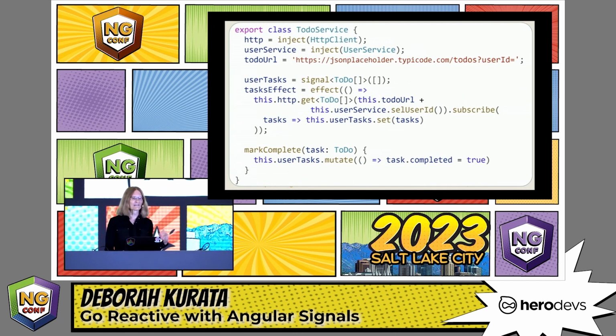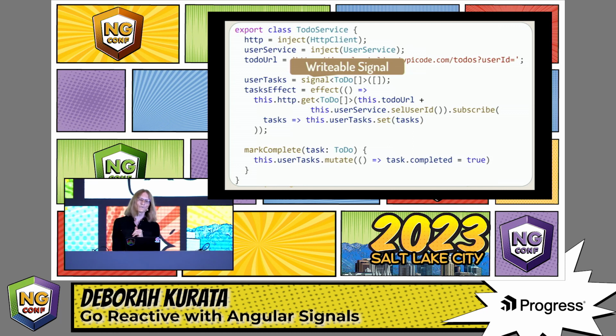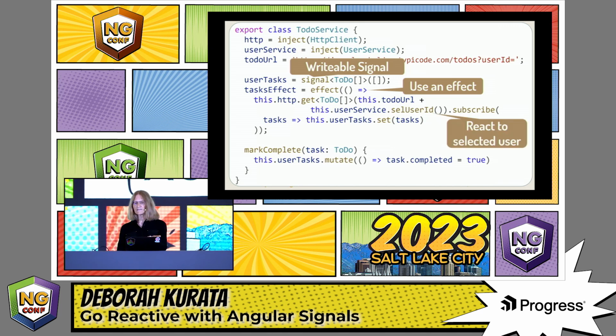So what is an option instead? Well, as of right now, the best option to deal with this, and there's a lot of discussion as to whether this is the best choice, is to create our own signal. So we have our own writable user task signal. Then we use an effect and have it react to that selected user ID.